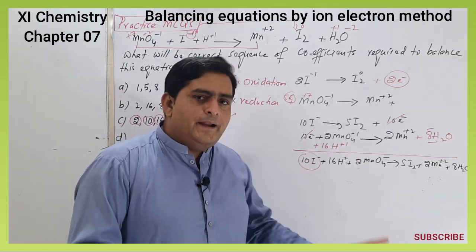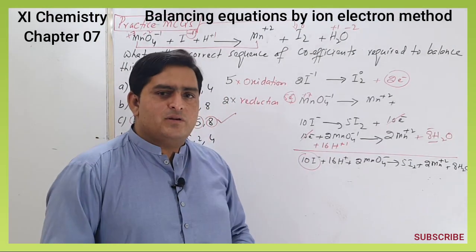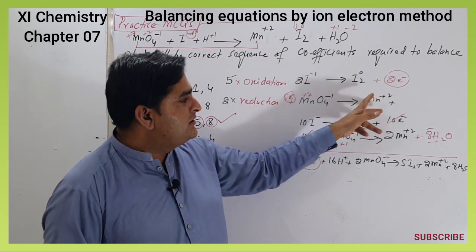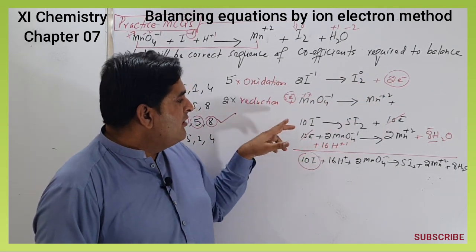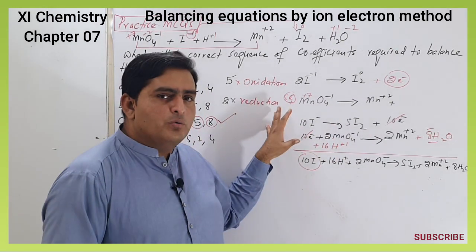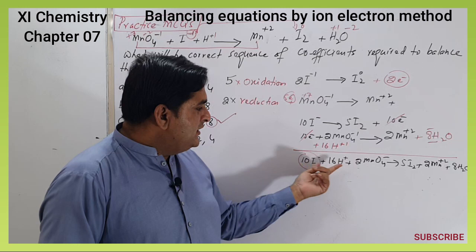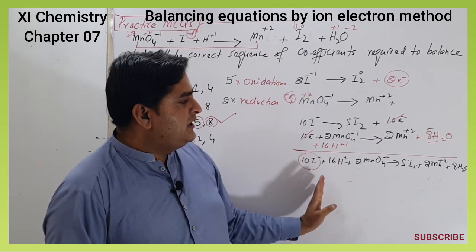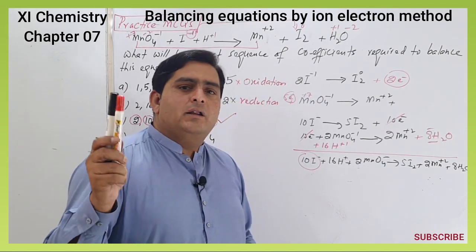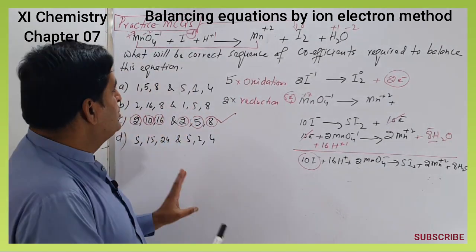And in the end, we adjusted water molecules and hydrogen ions. If we balance oxygen and hydrogen in this step, again we have to multiply with 2 and 5, whatever numbers we need. First find the number of these other elements and then multiply in the end. You will get the same answer, but in the least possible time. So this is a way to deal with this method.